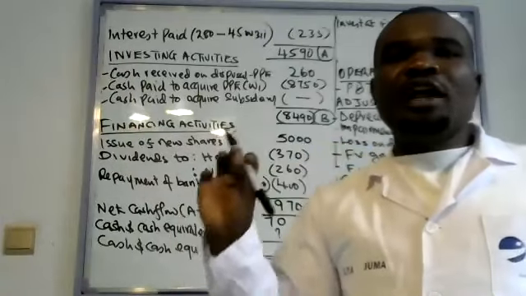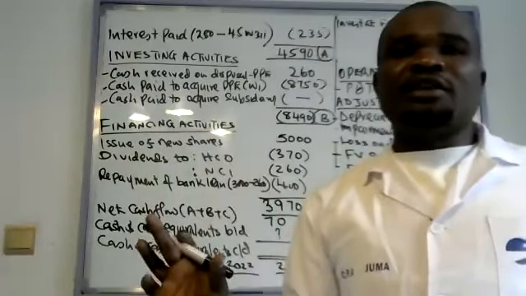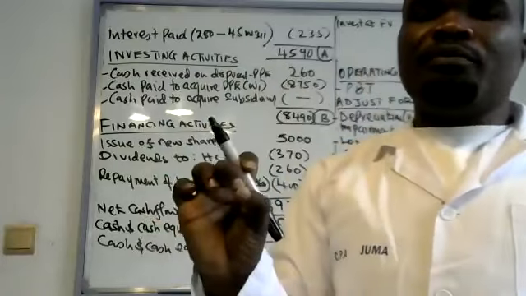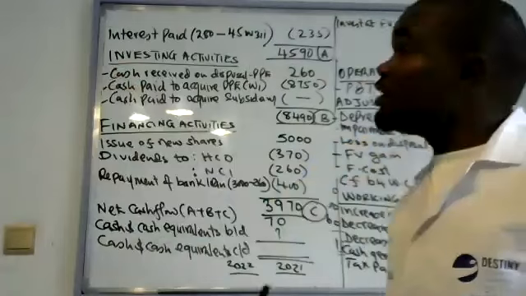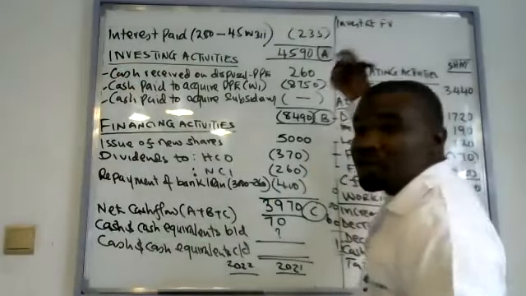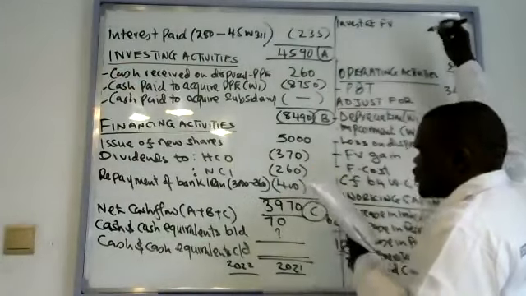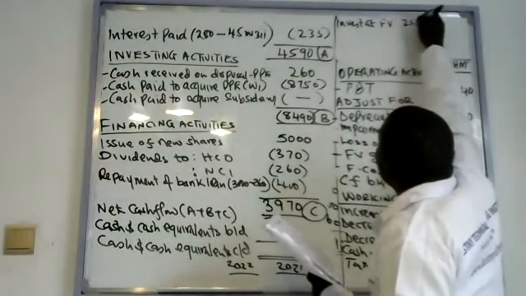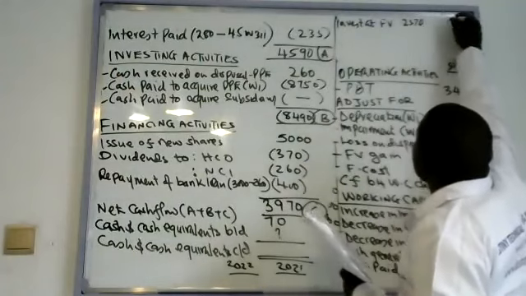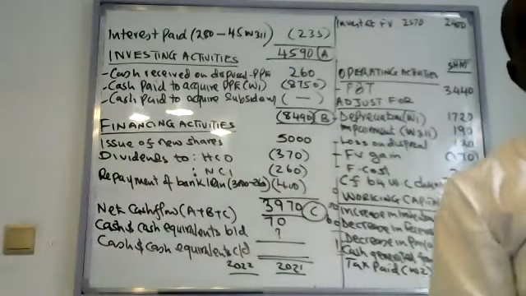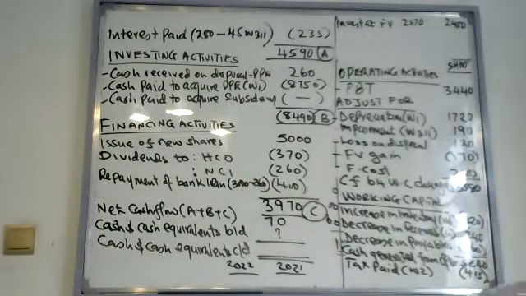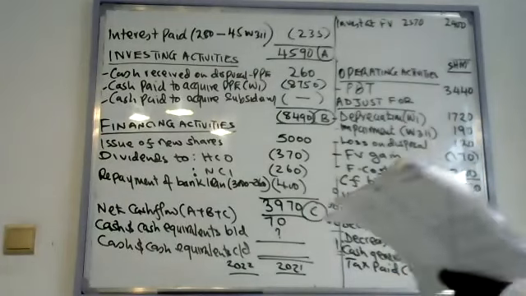So any moment you see an investment being under current assets, it means it is short-term. So it's a cash equivalent. It can be converted very fast. Those are like bills. So this is 2570. This is 2400.